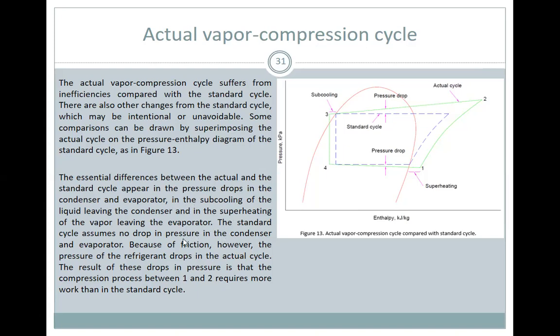The standard cycle assumes no drop in pressure in the condenser and evaporator. Because of friction, however, the pressure of the refrigerant drops in actual cycle. So, heat transfer nyo, di ba? Kinukuha yung pressure doon sa heat exchanger. Doon nyo kukunin yung pressure drop kung hindi given.